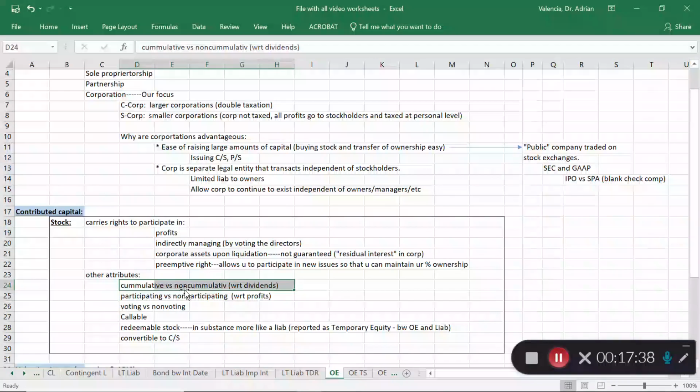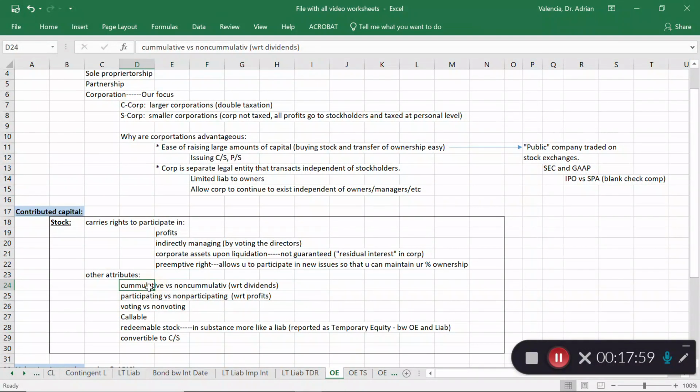Now, if they do not receive it, and then the following year dividends are paid, the question is, should that preferred stockholder get not just the $1 for the current year, but also the $1 from the previous year? And that all relates to whether that preferred stock is cumulative versus non-cumulative.